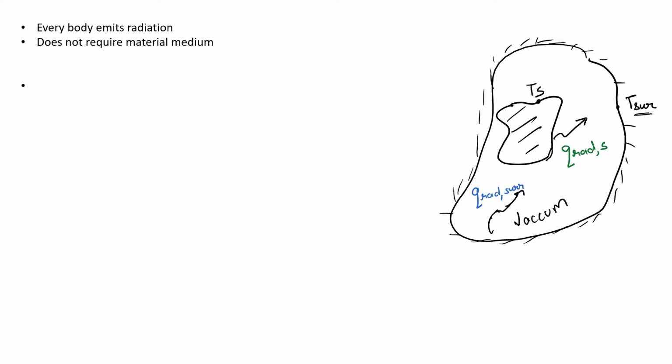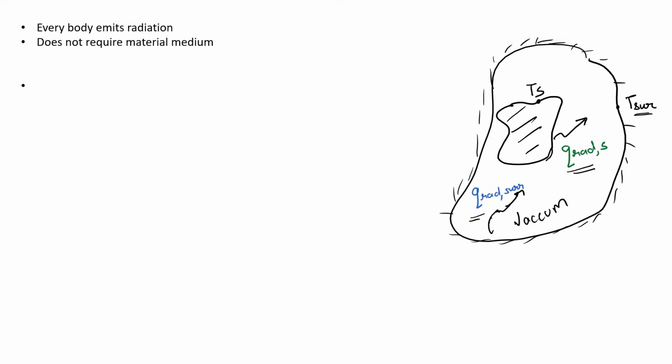Okay, so every body that has a finite temperature will emit radiation. So your body with temperature Ts will emit a radiation of Q rad comma S, and your surrounding, which is at a temperature T surrounding, will emit a radiation of Q rad surrounding.